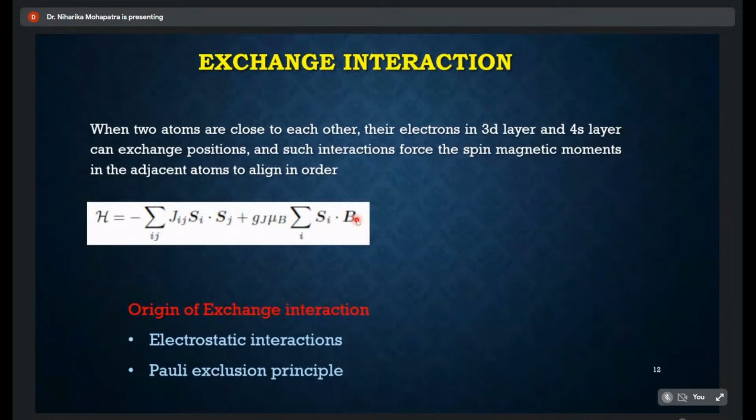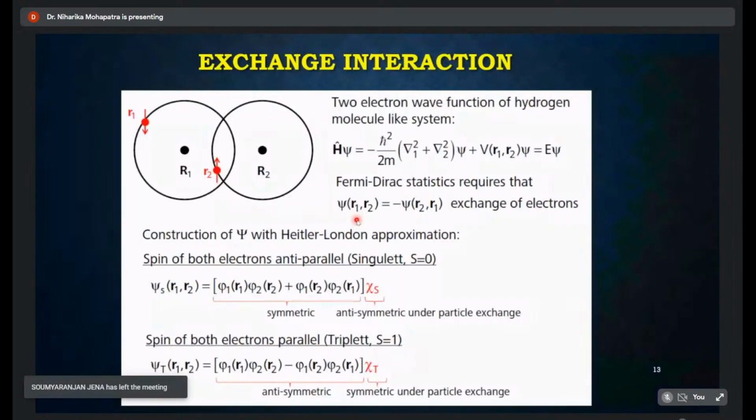I will not elaborate the details, but I can give you a glimpse. If we write the corresponding Hamiltonian for this interaction, suppose we consider two atoms, let us say hydrogen atoms, and these are the two nuclei and these are the two electrons, and we write the exchange interaction corresponding to these two electrons.